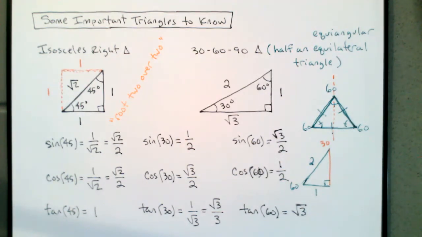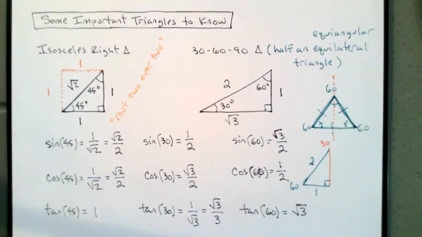To that end, we should try to organize them a little bit better than they're presented here, because notice that there's a lot of similarities. Notice that the sine of 30 is a half, and that the cosine of 60 is a half. The sine of 45 is root 2 over 2, and the cosine of 45 is root 2 over 2.